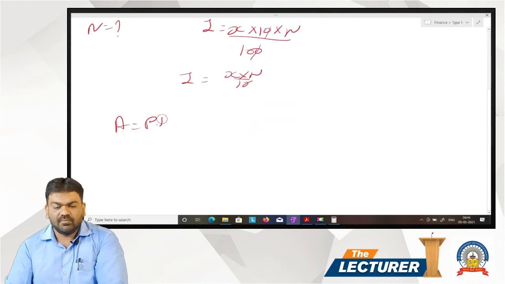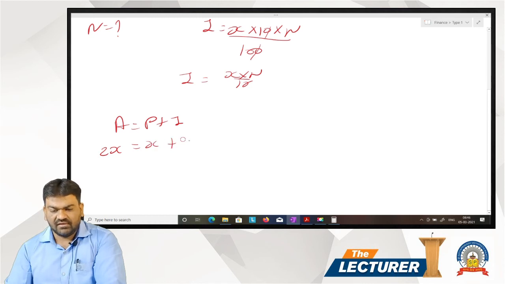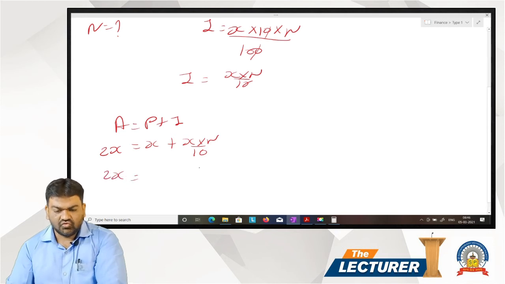A is equal to P plus I. A is equal to 2x. 2x is equal to x plus I, which is x multiplied by N divided by 10. 2x is equal to x plus xN divided by 10.